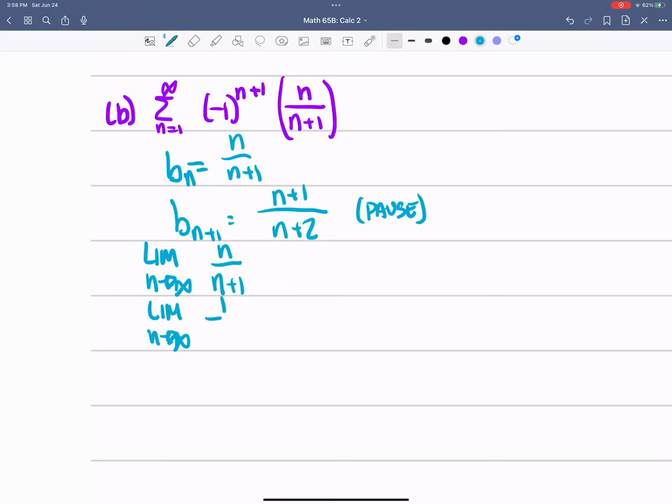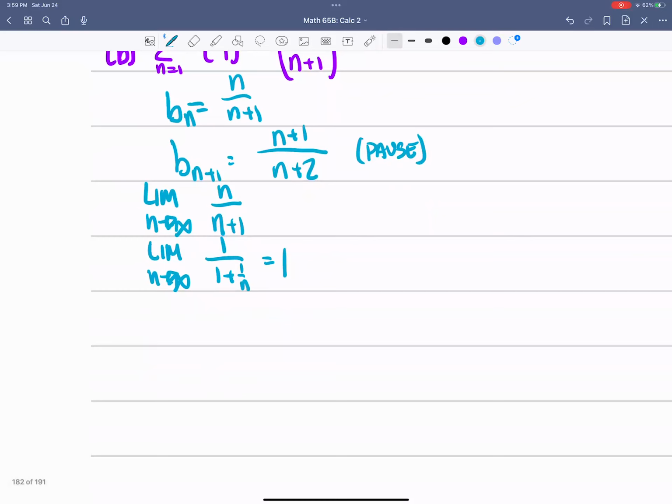That's going to be 1 over 1 plus 1 over n, which equals 1. Ooh, since this one equals 1 and does not equal 0, we cannot say that it converges or diverges. What we have to say is that it's inconclusive.